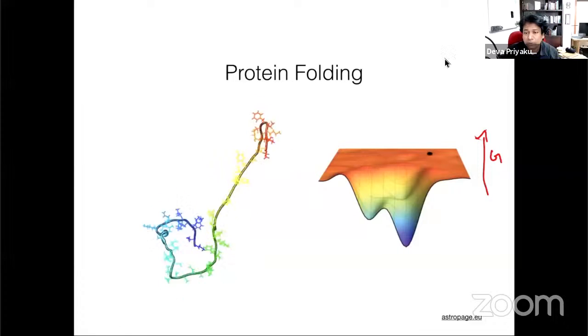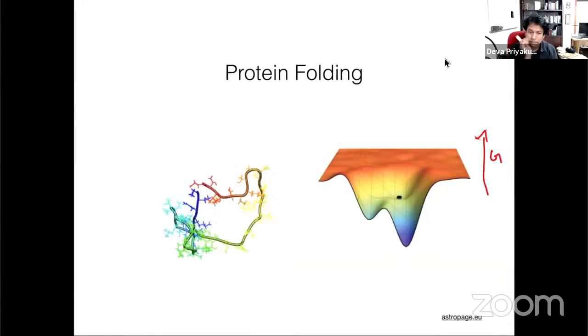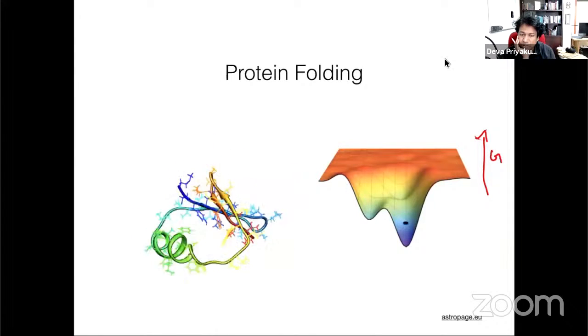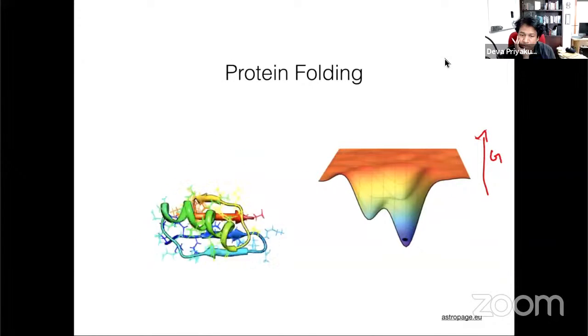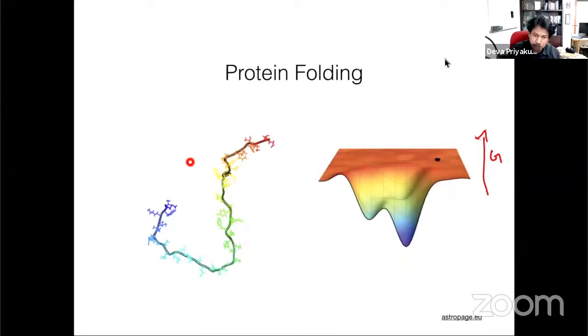Right? So I hope you can see that the structure is slowly going from a completely disordered state to a nicely folded state. Originally the structure was very, very different. This was the unfolded state of the protein, and the energy of this is somewhere here.